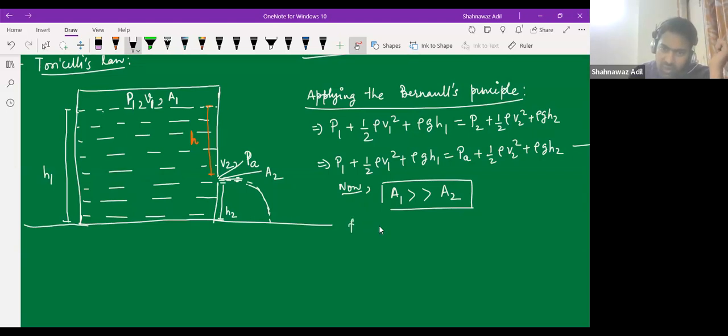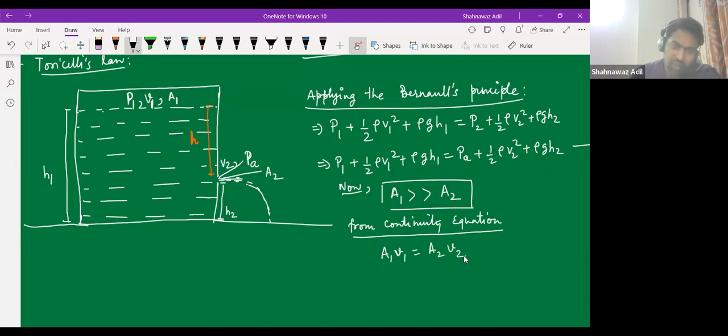Okay. So now applying the continuity equation. From the continuity equation, what we can write is A1 V1 is equal to A2 V2, right? So V2 would be how much?